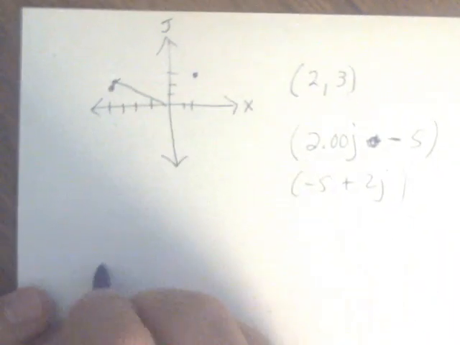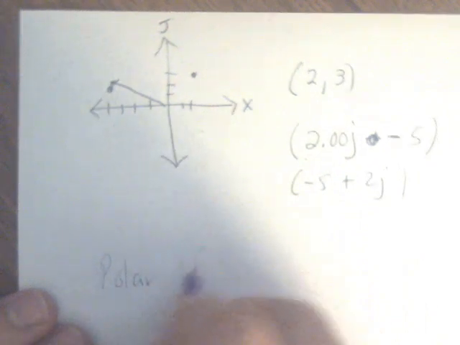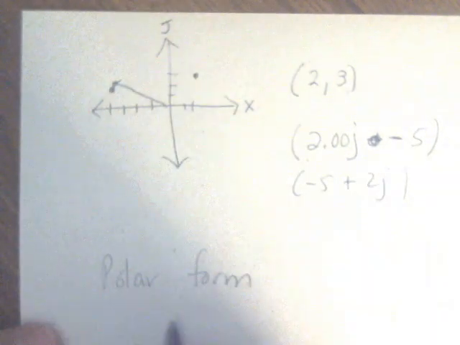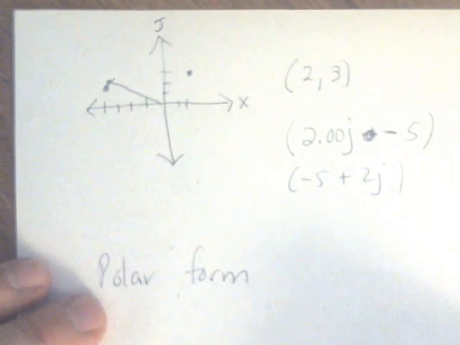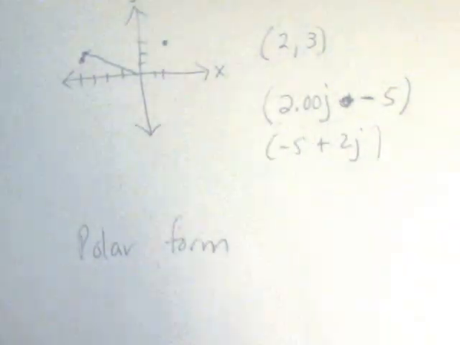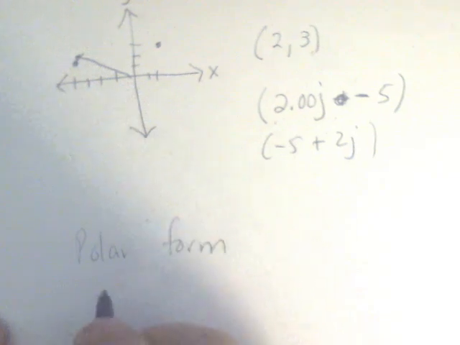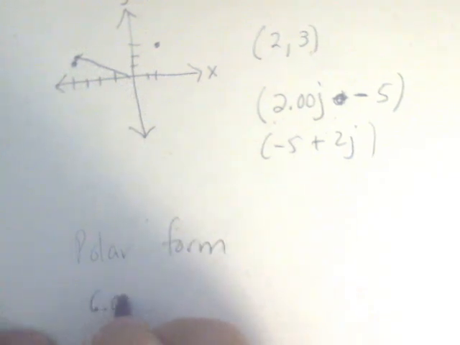Now, let's look at the polar form. So you might have, and I'm pulling these to make it look like kind of what your book has, something that looks like this.